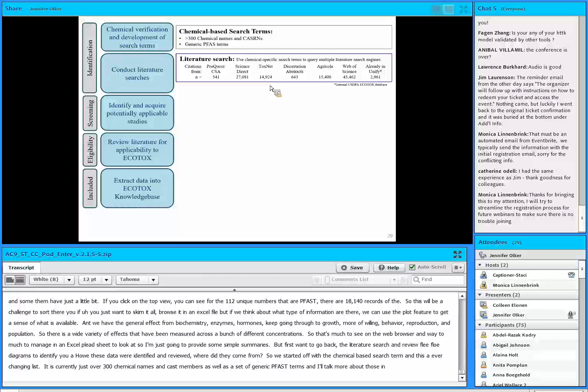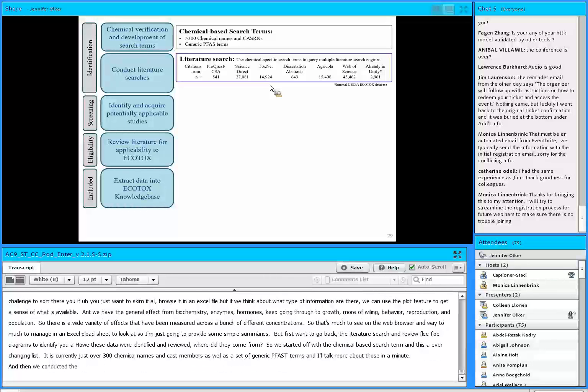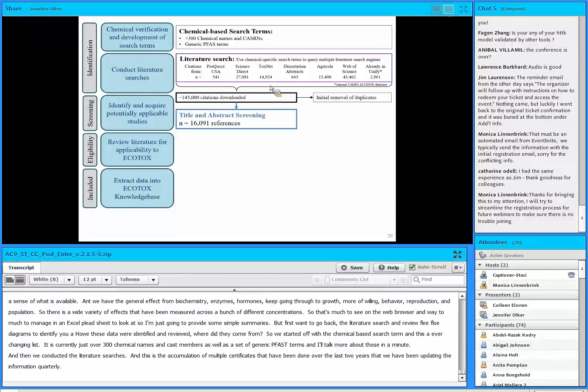And then we conducted those literature searches, and this is the accumulation of multiple searches that have been done over the last 2 years, as we have been updating this information quarterly. So through these literature searches over the last, as I just said, 2 years, we have downloaded 145,000 citations approximately, removed duplicates, which led to 16,091 references in title and abstract screening.